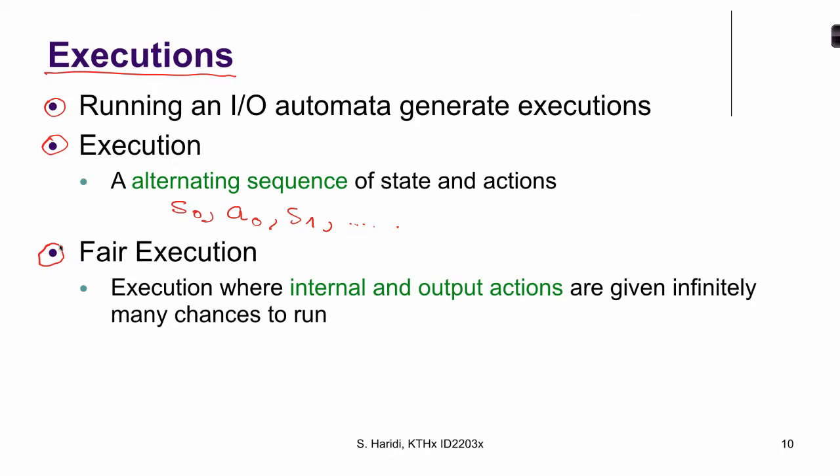It is an execution where the internal and output actions, these are actions controlled by the automaton, are given infinitely many chances to run. So whenever an action is enabled, it should be given a chance to run. That's what we mean by fair execution. You cannot suppress such an action.